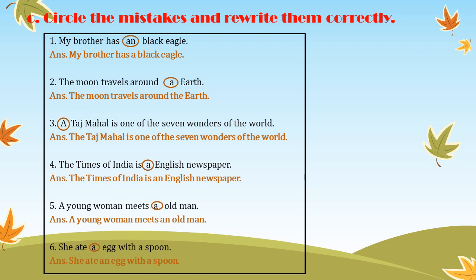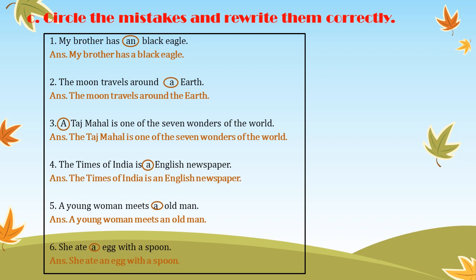Fifth question is: a young woman meets an old man. Again, old begins with O vowel. We have to use an here, but in the question it is written A. So the mistake here is A. And the answer is a young woman meets an old man.